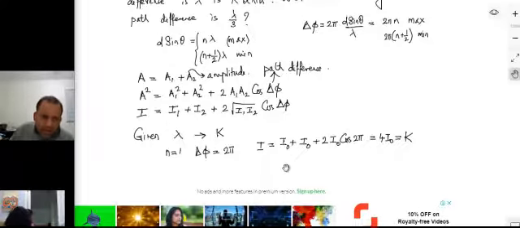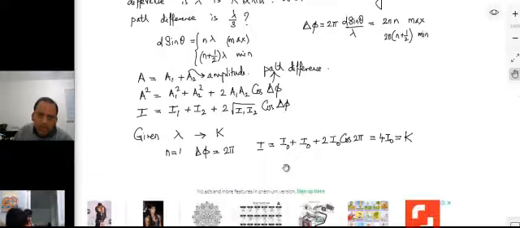And now we are asking, what happens if the path difference is lambda over 3? So lambda over 3 implies that's n equal to 1 over 3.